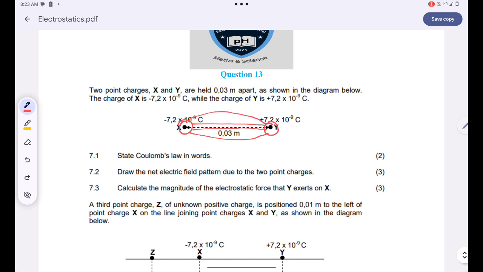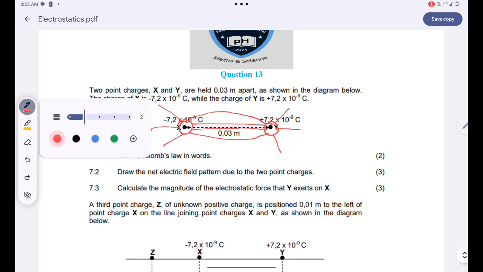These two will attract one another, and since they have the same magnitude, the number of field lines should also be the same. But remember, guys, the arrows should point from the positive charge towards the negative charge. Are you together? Yes, that's how it should be.